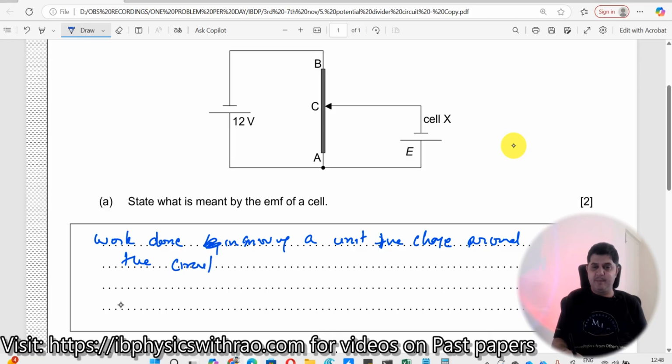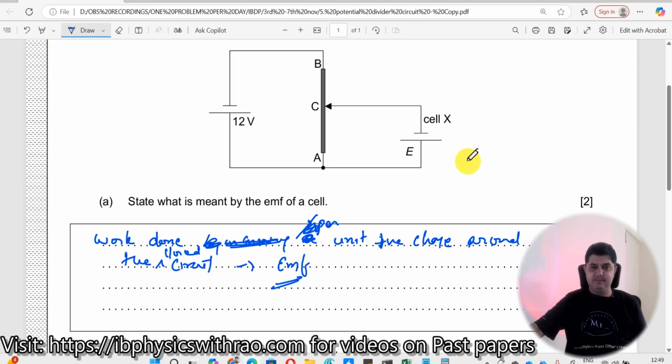In fact, it can be much more precise. You can say work done per unit charge around a closed circuit is what you call the EMF of a cell. What is the EMF of a cell?